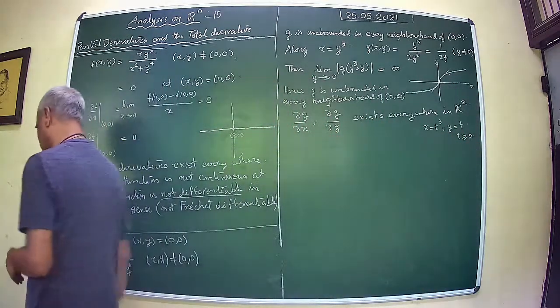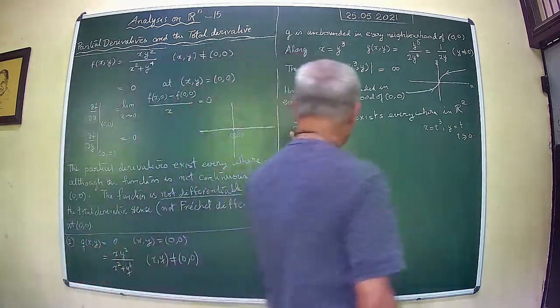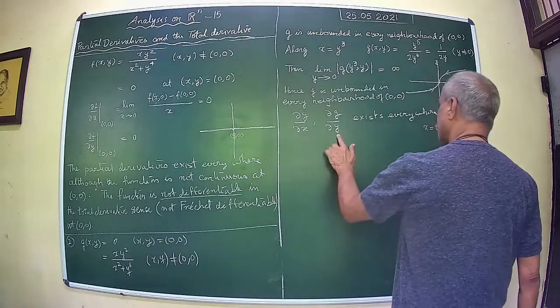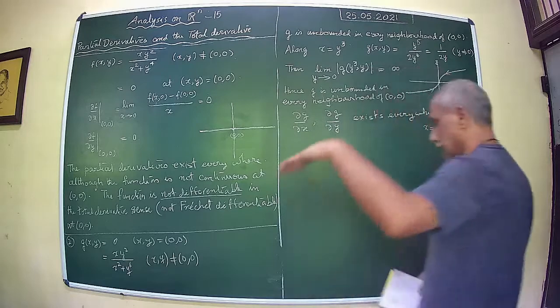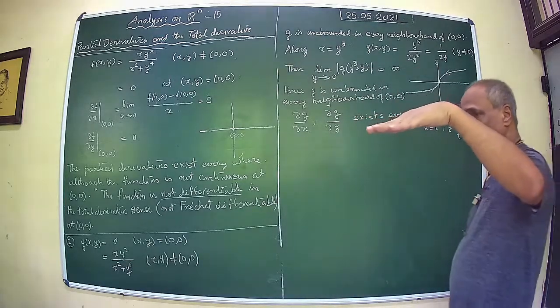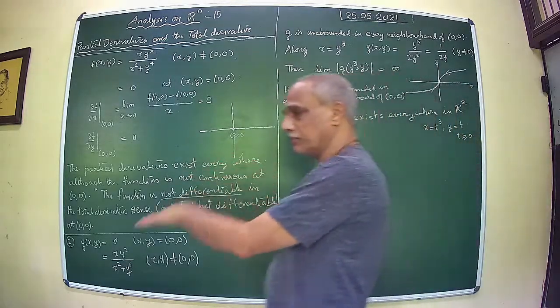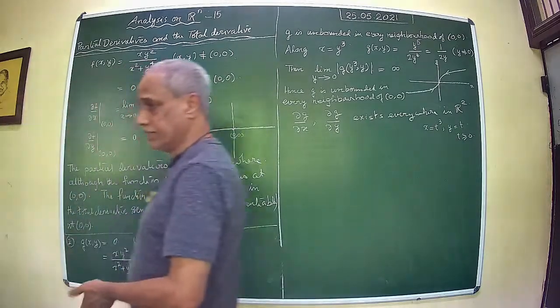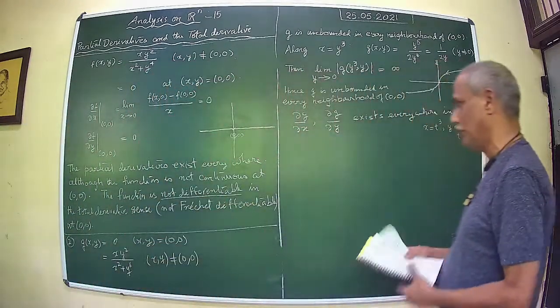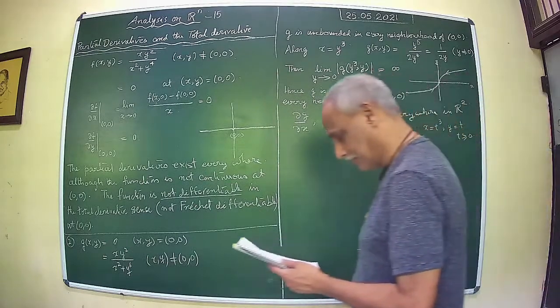at 0, 0. So see that the partial derivatives with respect to x and y do exist, because you are looking at taking into consideration only the variation of the function along the x direction and along the y direction, no other direction at all in this statement. Okay.